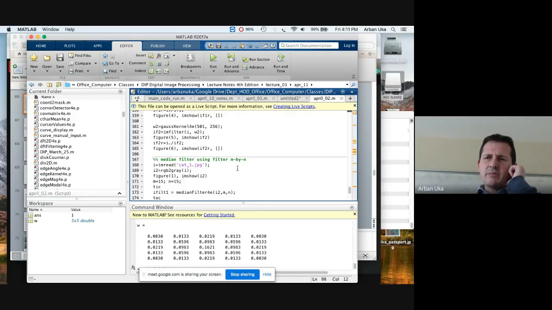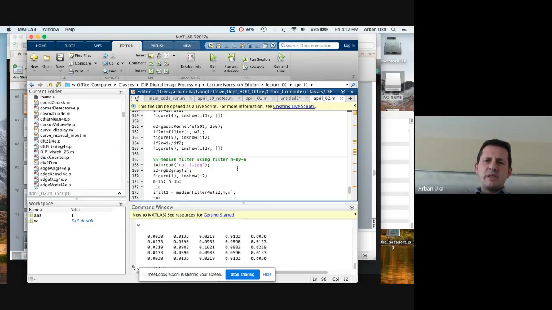But we have some other filters which do a much better job in preserving the features in a specific object. And these filters are median filters. What a median filter does is, let's say that we have 13 values, so let's say that we have a box where we select, and let's assume that the filter size is 3 by 3.